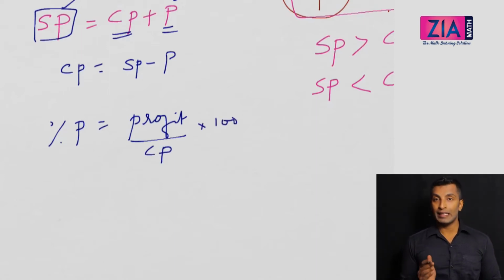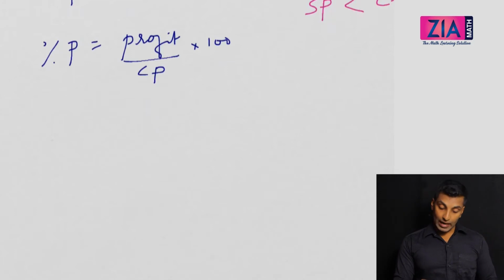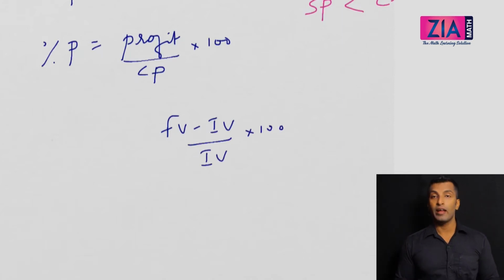See, if you remember in the percentage discussion, we have discussed how to find the percentage, right? What we were doing there was final value minus initial value divided by initial value into 100. Now here, instead of final value and initial value, it is selling price minus cost price.